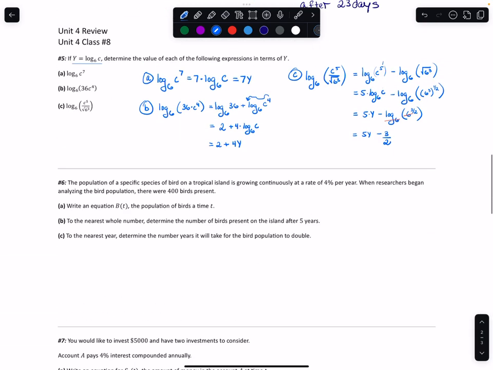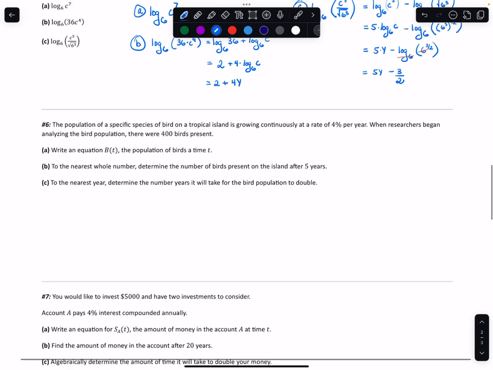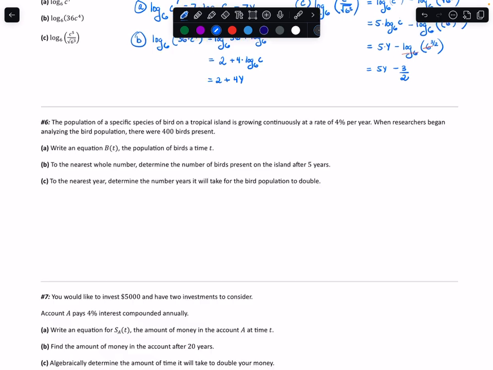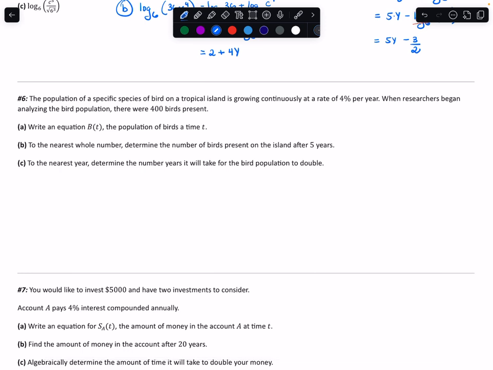One thing, of course, which we didn't have initially when we learned about growth and decay models was the logarithm. And now I can use the logarithm to really help me solve exponential equations. And maybe I even create those exponential equations using growth modeling. So a population of a specific bird on a tropical island is growing continuously at a rate of 4%.